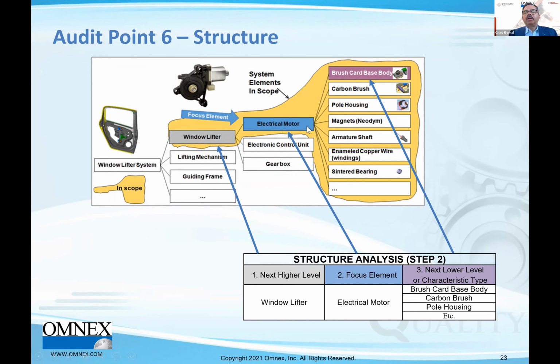The electric motor is made up of these, so it's a breakdown of the system into its subsystems, a subsystem to its components. Or you could say that the window lifter is made up of hardware, if you want to call the electric motor hardware, I don't care. But make sure the structure has also hardware and software, okay?